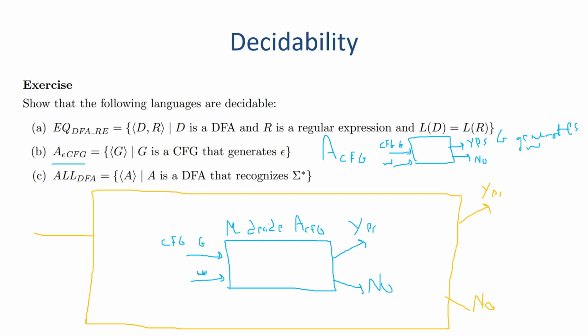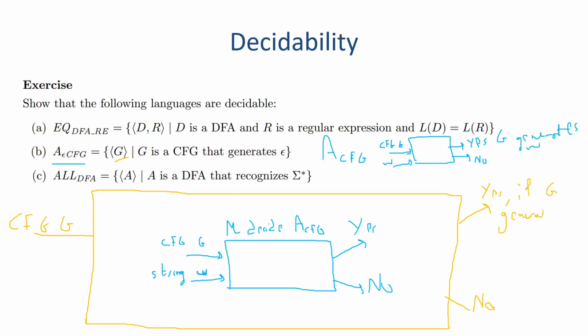You can pause here and see if you can fill in the rest of this puzzle. Okay, but what does the big machine take as input? Well, just some CFG G. According to the description, it's just one input, CFG G, and it's going to say yes if G generates epsilon.